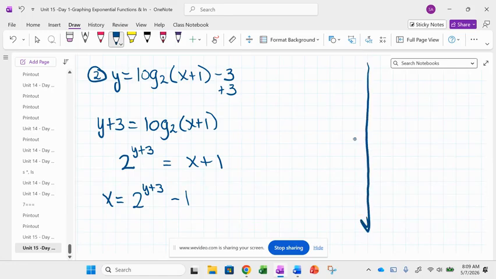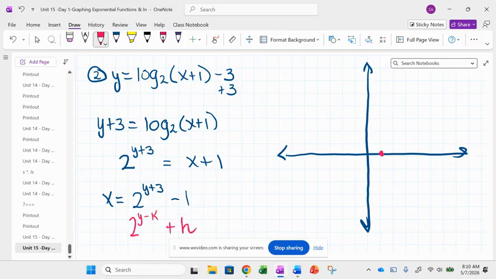So let's do our sketch. The key point for my parent graph for the inverse is the point 1, 0. But now I'm shifting this. I'm shifting this 1 unit where? Shifting the key point 1 unit where? Because it's usually 2 raised to the y minus k plus h, right?